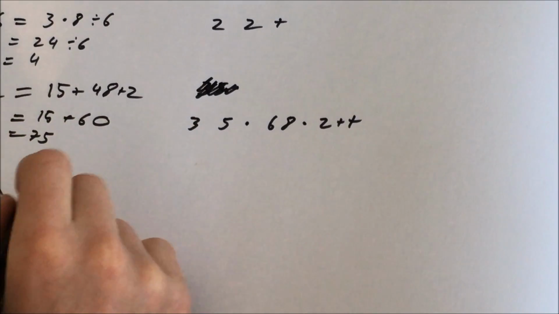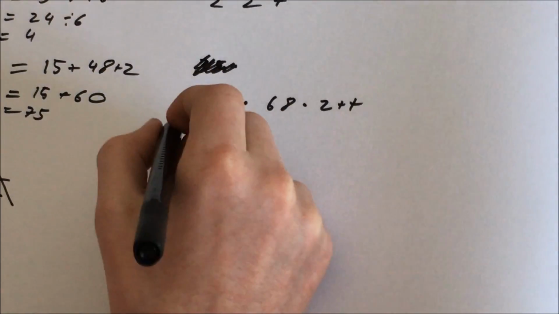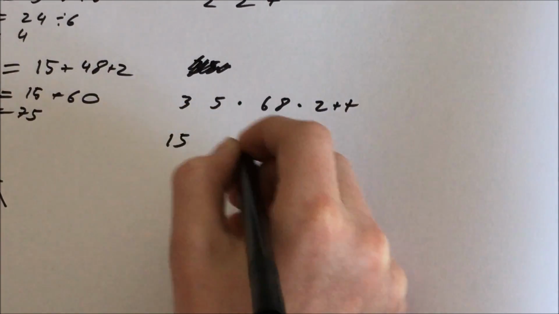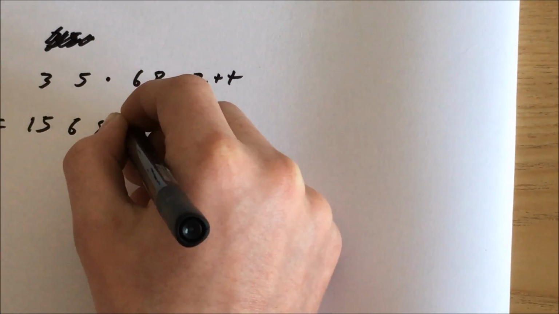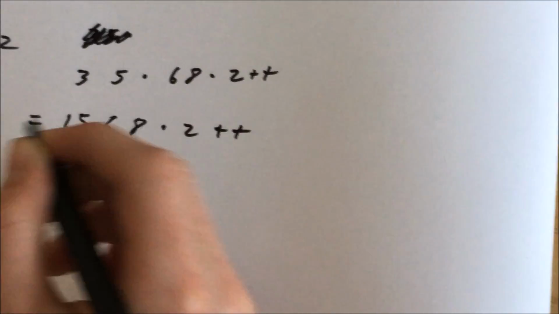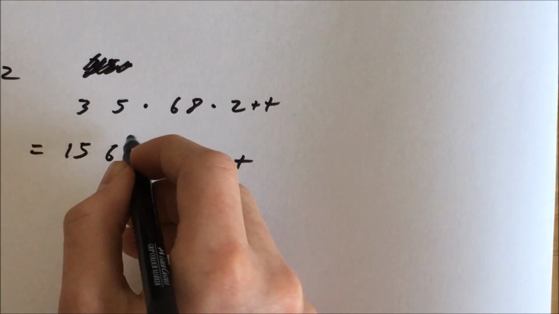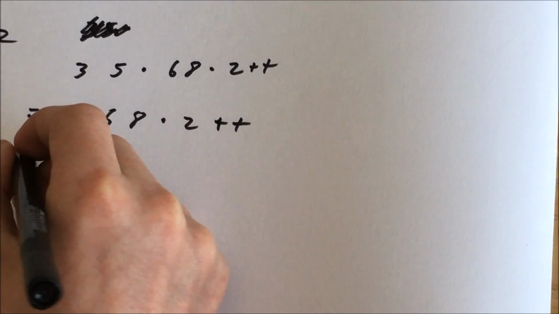And the way we do this is we look for the first operation, which is this times, and we times the two numbers before it. So 3 times 5 is 15, 6, 8 times 2 plus plus. And then we do our next operation, which is this operation, and it occurs on the 6 and the 8.